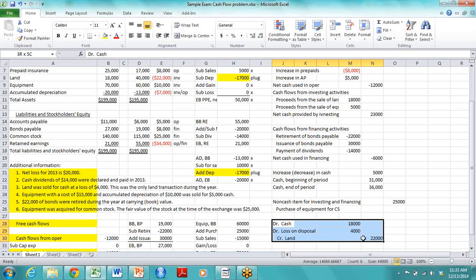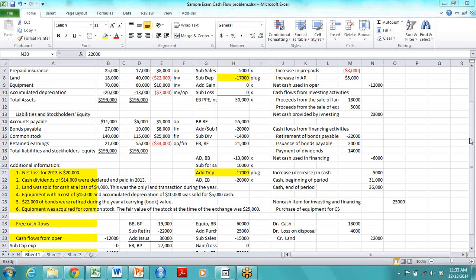For this journal entry to have been recorded, and for us to have had a loss, and for this to have been a negative 22, this has to be the book value. And the reason that it is because when you make this journal entry, you're crediting it for the cost basis, and the cost basis of land is the same as the book value because we don't have accumulated depreciation as it relates to land. So that's why that has to be 22. So hopefully that helps, Bhumi.